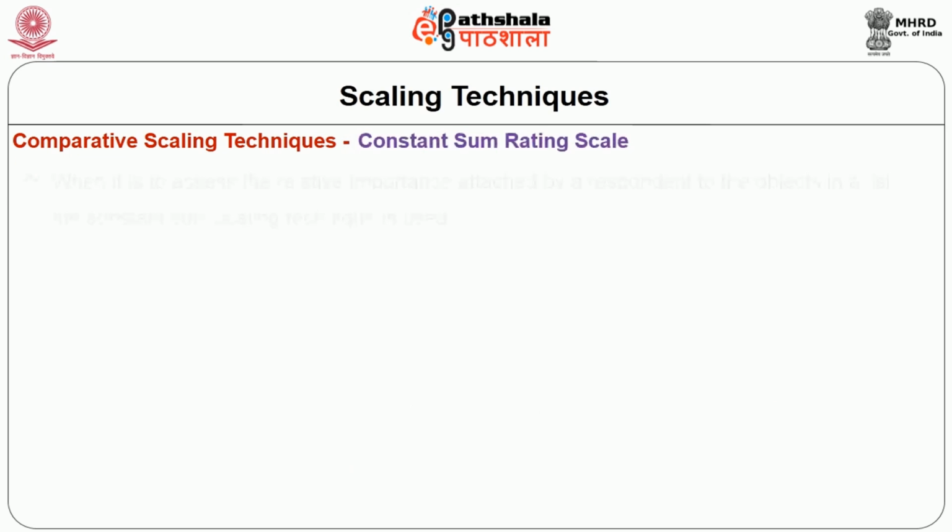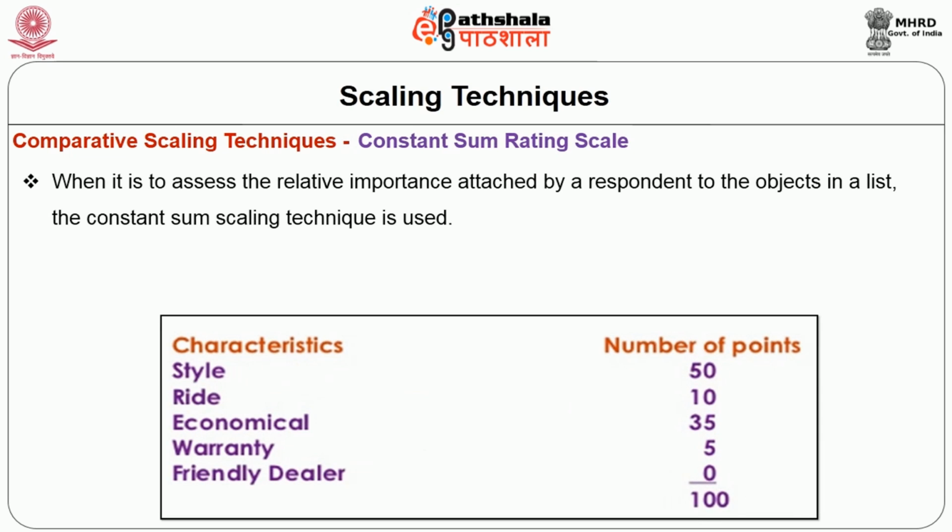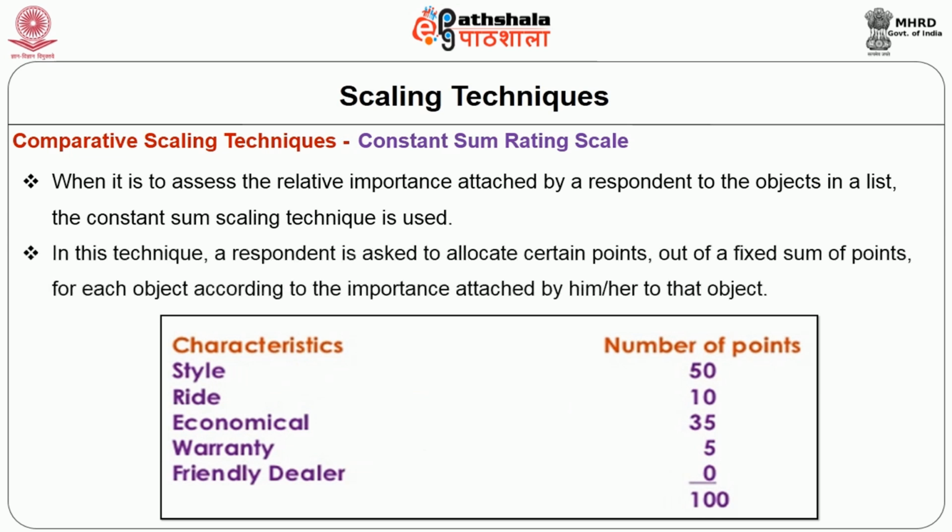Constant sum rating scale. When it is to assess the relative importance attached by a respondent to the objects in a list, the constant sum scaling technique is used. In this technique, a respondent is asked to allocate certain points out of a fixed sum of points to each object according to the importance attached by him or her to that object.